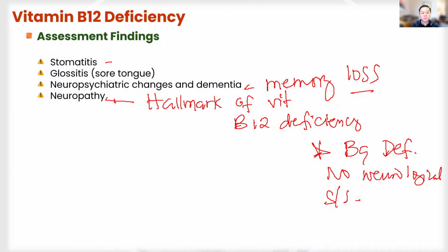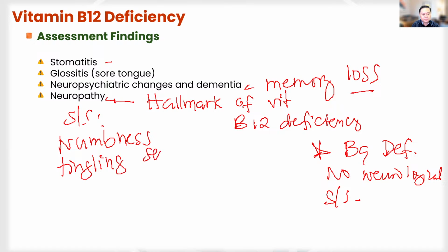There is going to be that neuropathy, and also there are some other manifestations aside from that one. Other neurological manifestations, I should say. And so what are these things? Well, the person will suffer from numbness. Their sensation will be altered. There's going to be tingling sensation. And also burning sensation in the extremities.